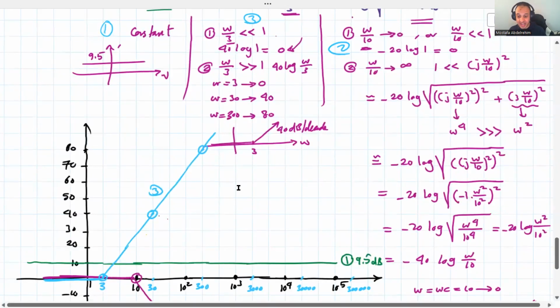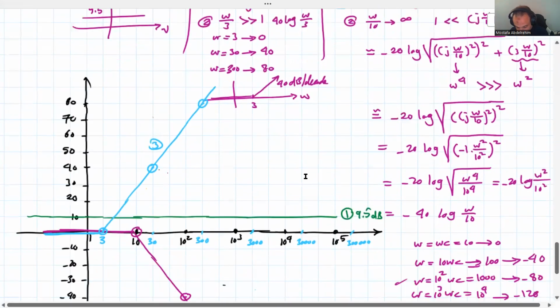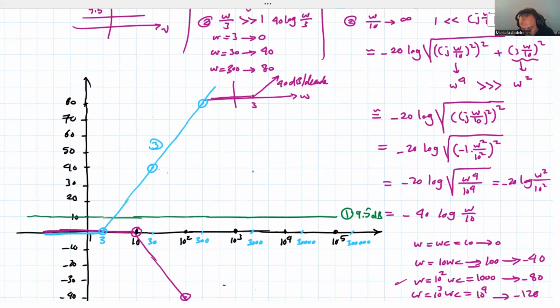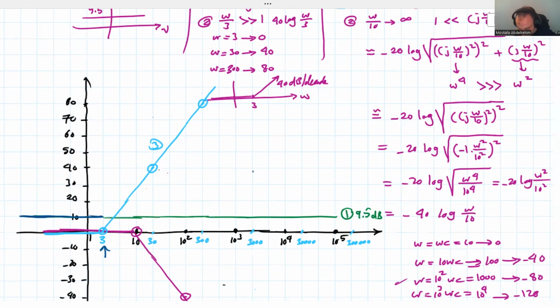Now we should add them together. That's the ugliest thing we're going to do today. Do it with dark blue. Before 3, we have 0 from the sky blue, 0 from the purple, or magenta, whatever this color is, and we have 9.5 decibels again. So until here, it will be all 9.5. The final value is dark blue.